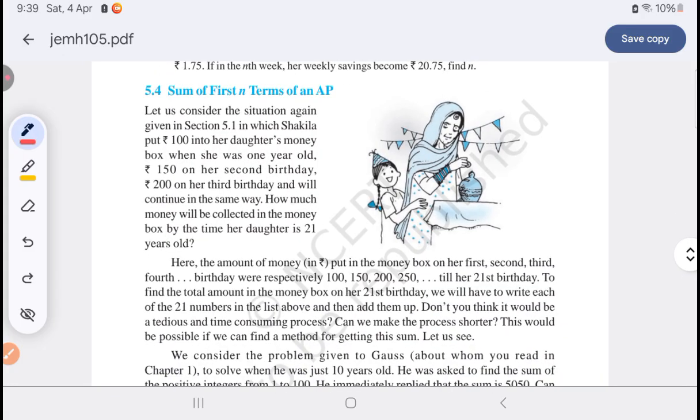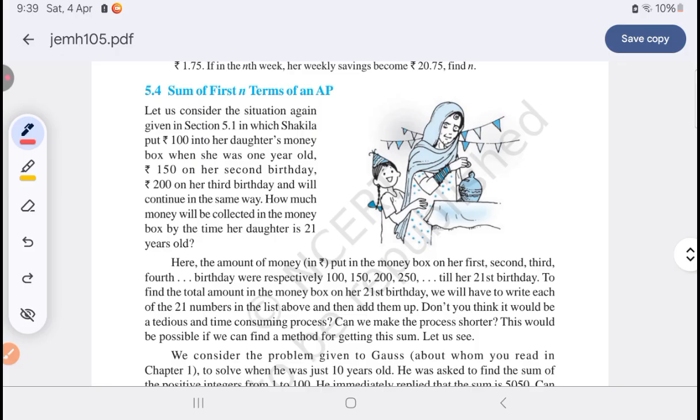So initially you found the first term, then how to find the common difference. In the second session, we learned the nth term of the arithmetic series, that is an equal to a plus (n minus 1) d.